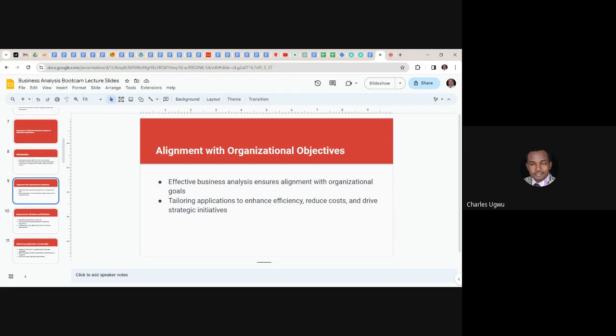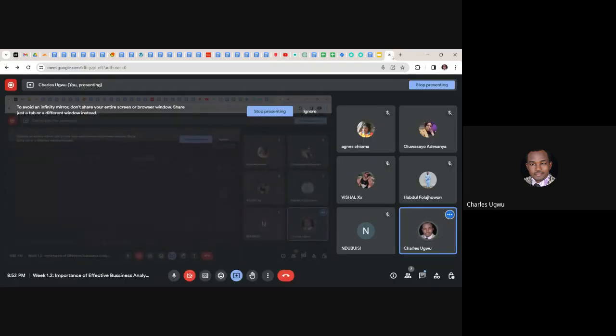Every organization has goals and objectives, so these enterprise applications must be tailored to the organizational objectives and goals. It's very, very important that they are tailored towards that.